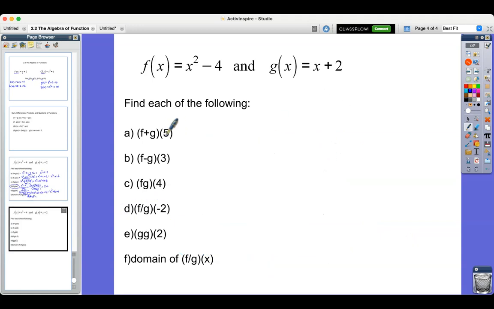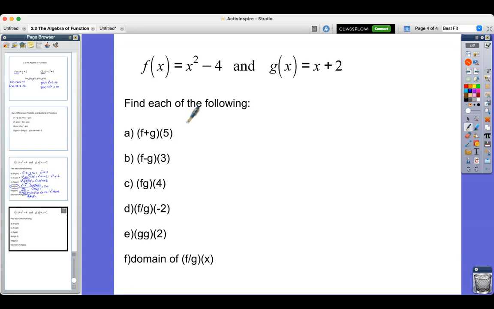So let's take this exact same problem and add numbers this time. So here they're saying 5. When they have it like this, f plus g of 5, that means both of these will be 5. So let's plug in a 5 right there and a 5 right there.